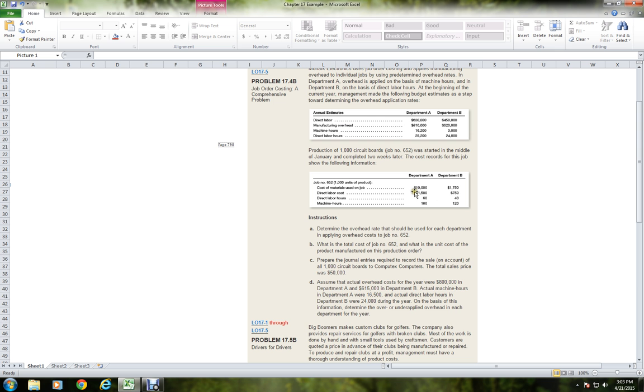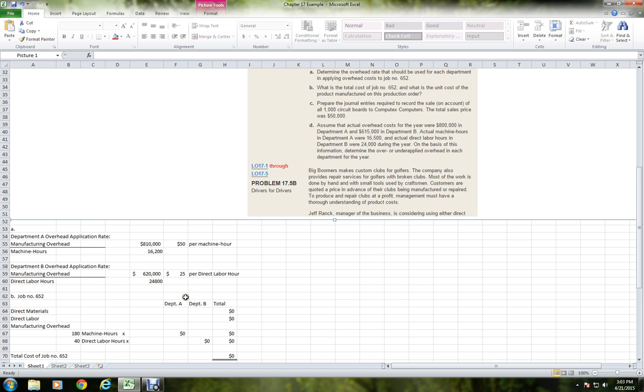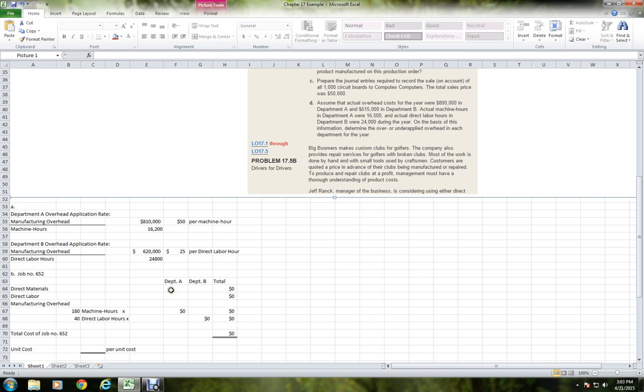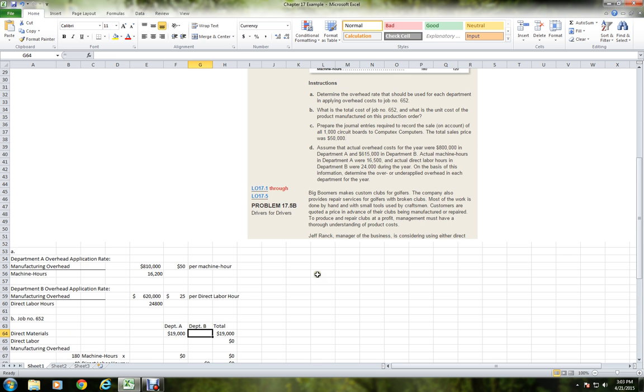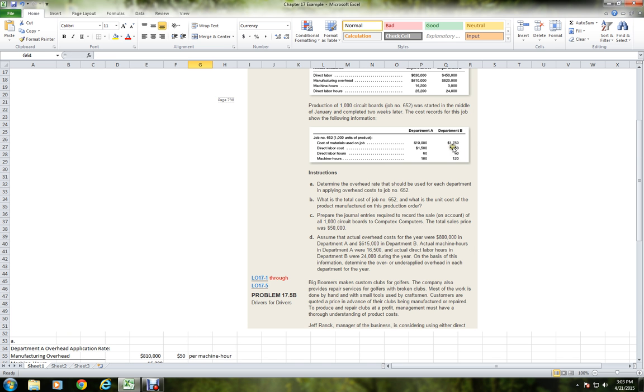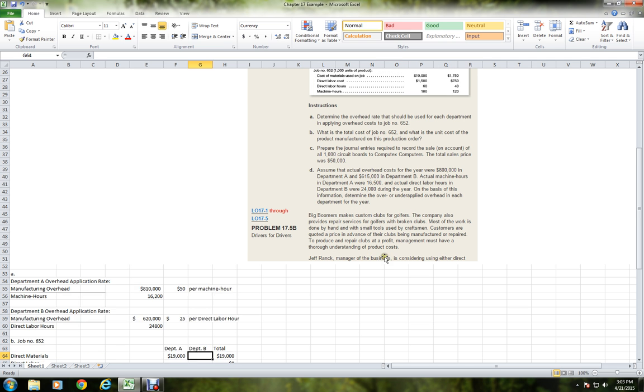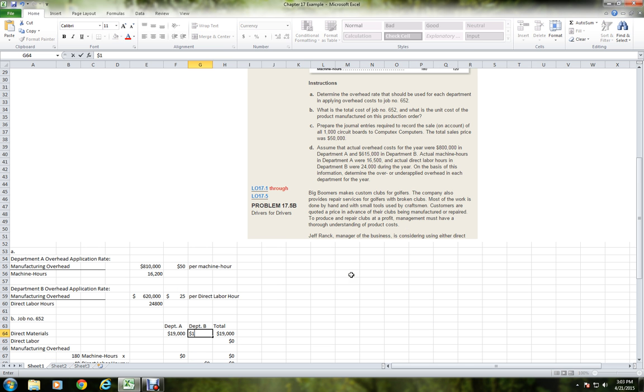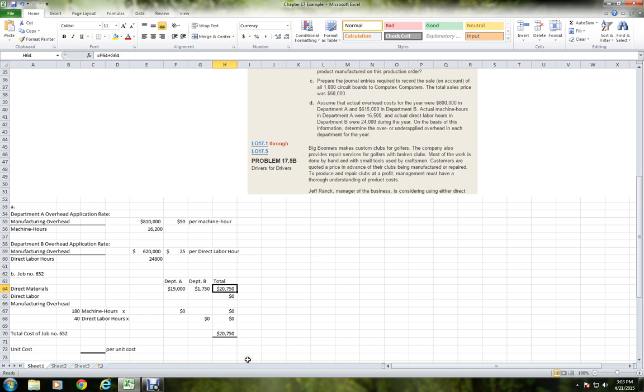So for Department A, we had cost of materials of $19,000. So let's plug that in. Department B had material costs of $1,750. So if we total those up, we had $20,750.